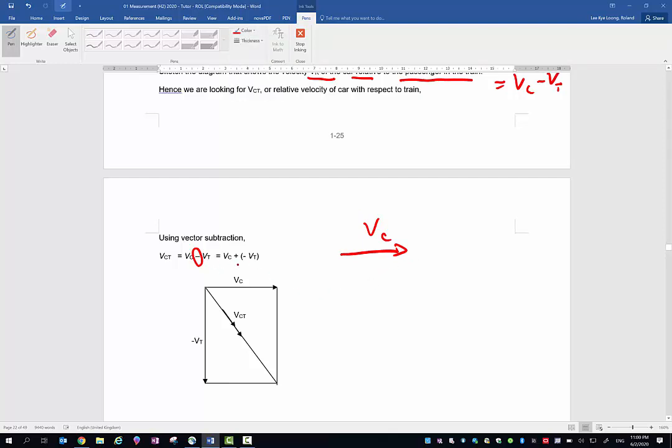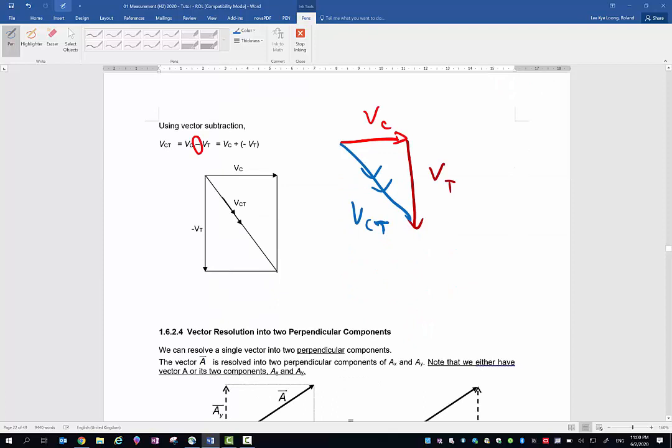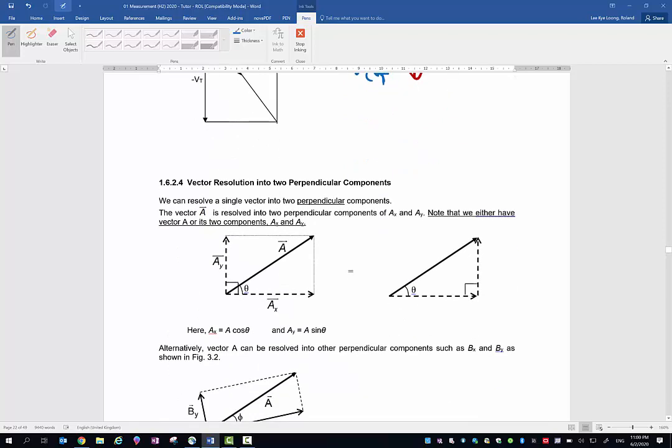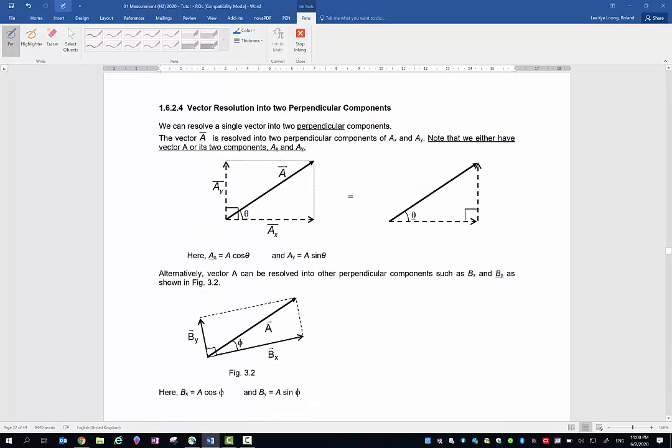Because VT is upwards, but because it's subtract, you add the opposite direction, so VT downwards. So the resultant is VCT. So this work example is to tell you that it is relative to something, so that is the something you subtract.